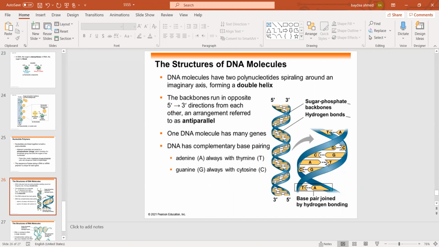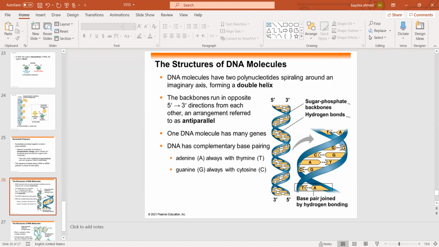Always adenine is bound with thymine, and cytosine with guanine, and they bind with each other by hydrogen bonds. Remember that in base pairing, only certain bases in the double helix are compatible with each other. Adenine in one strand always pairs with thymine in the other.